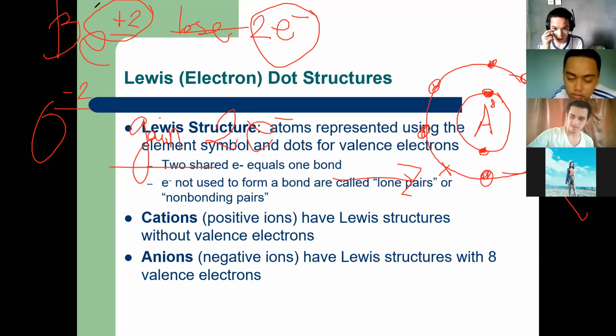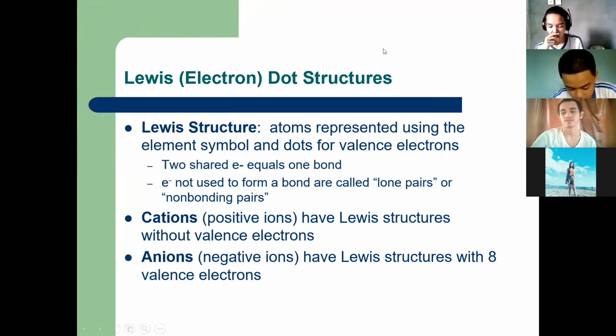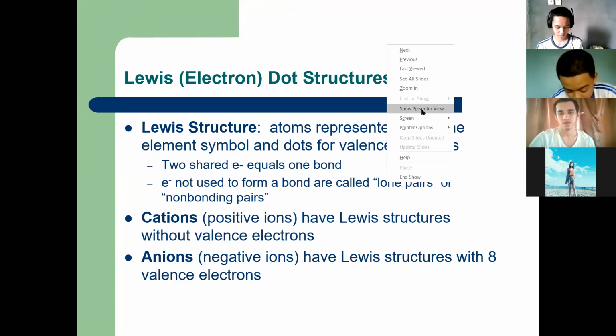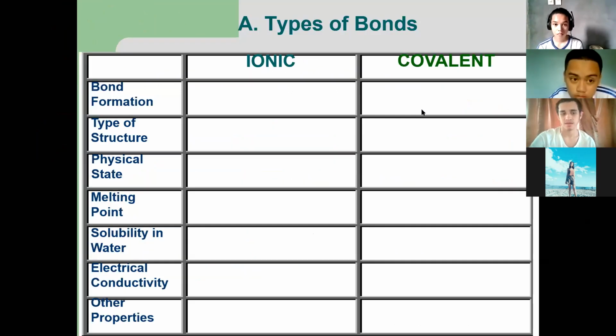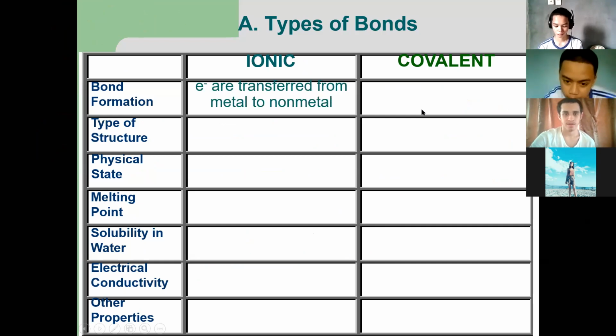I am talking of ionization because the first type of bonding that we're going to deal with right now is ionic bond. Okay? Ionic bond is present between metals and non-metals. You cannot create an ionic bond between two non-metals. You will only create an ionic bond between a metal and a non-metal.